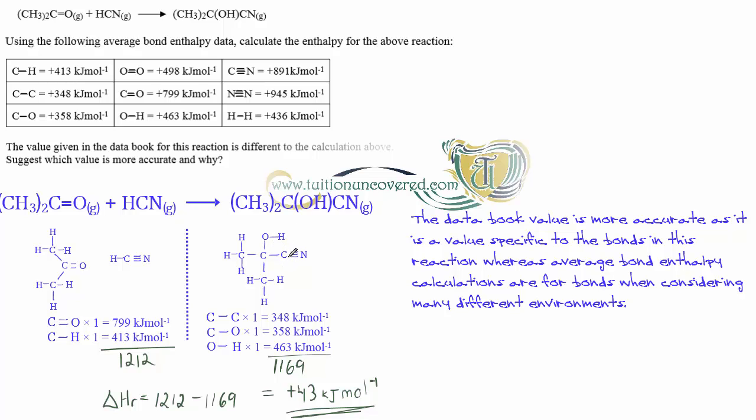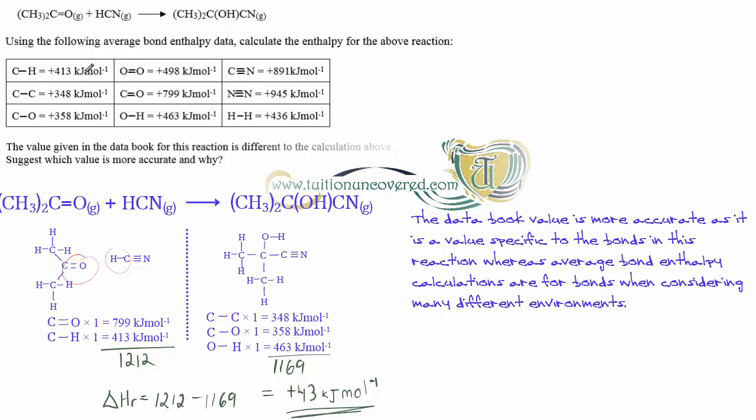What I'm hoping you can now appreciate is I don't need to calculate the breaking of every single bond, which would make my calculation pretty long, and the reforming of every single bond, which again would make my calculation on this side very long. We can just think about the bonds that are actually broken, which was that bond there and that bond there.